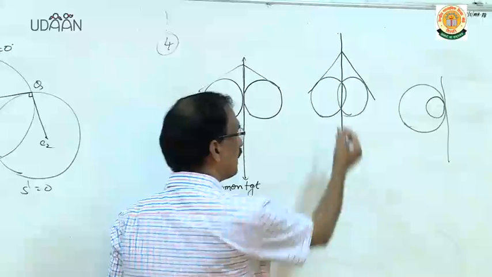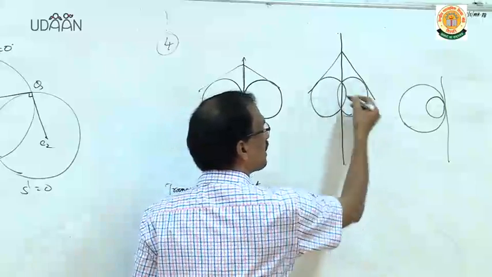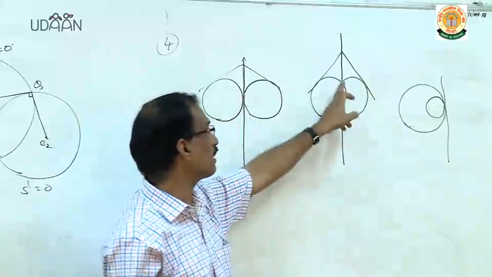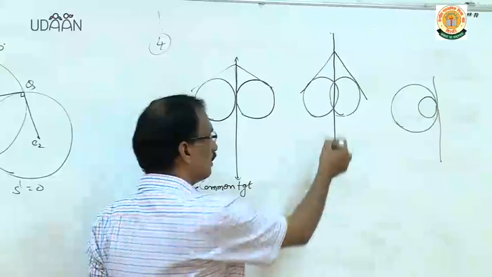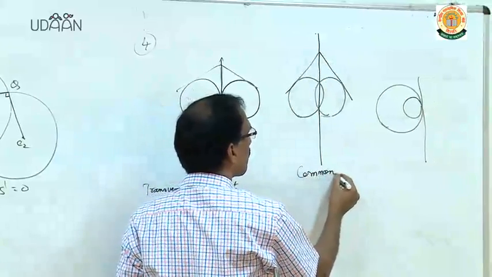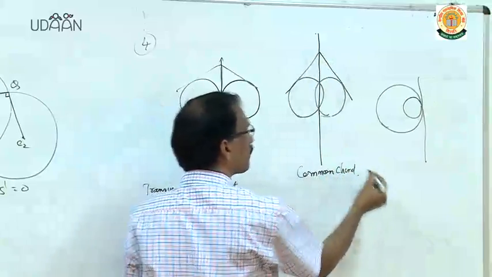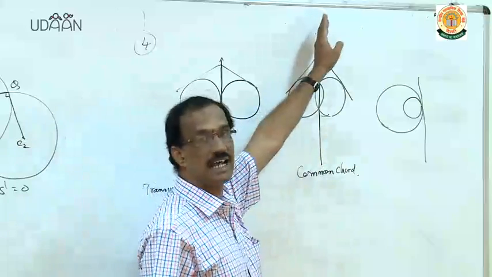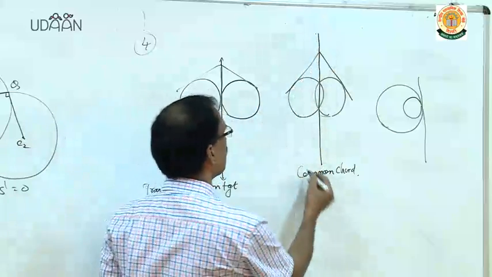Similarly, the next one: if two circles are intersecting at 2 points, then this we know as a common chord. So the common chord is acting as the radical axis.